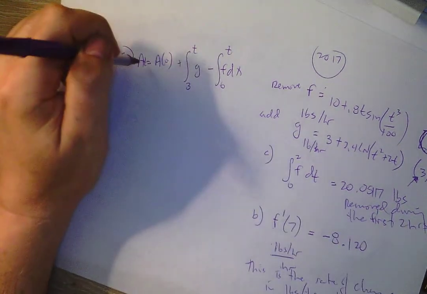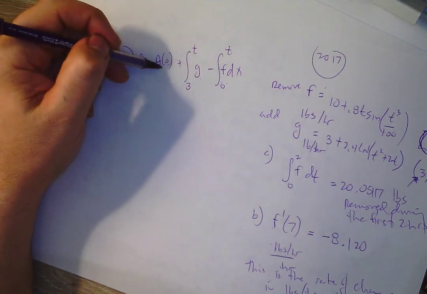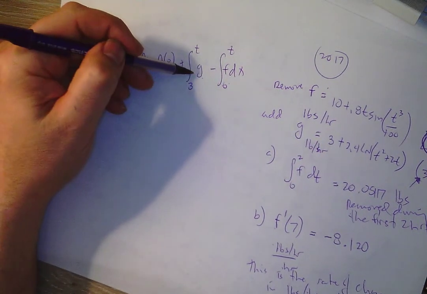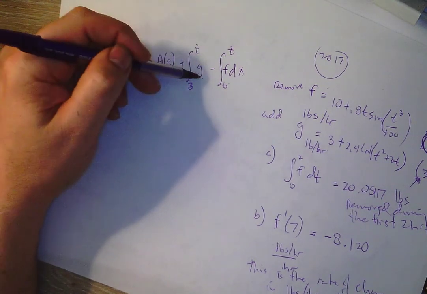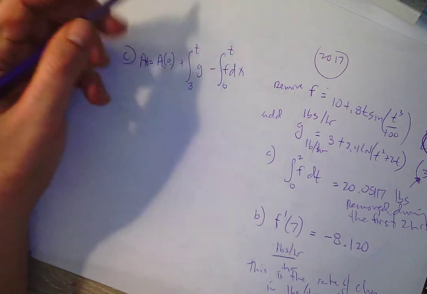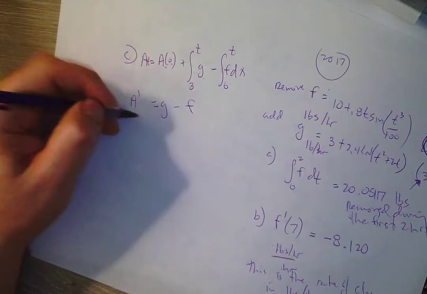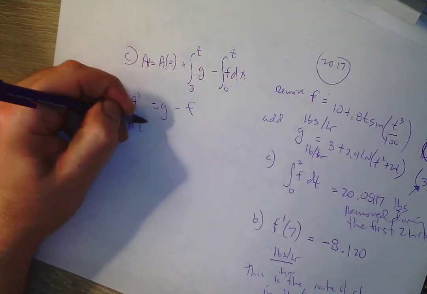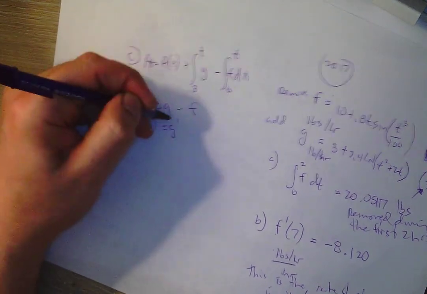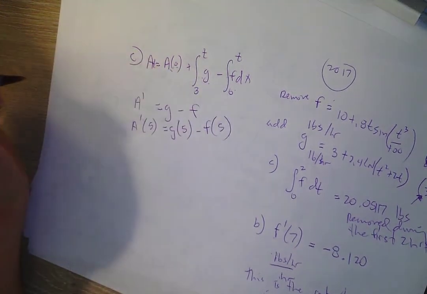So remember, if I take the derivative of this, increasing or decreasing, the derivative of this constant is 0, the derivative of this, even though I'm starting at 3, is g, and the derivative of this, even though I'm starting at 0, is f. So a prime equals g minus f, and I want to know a prime of 5, and so that would be g of 5 minus f of 5.